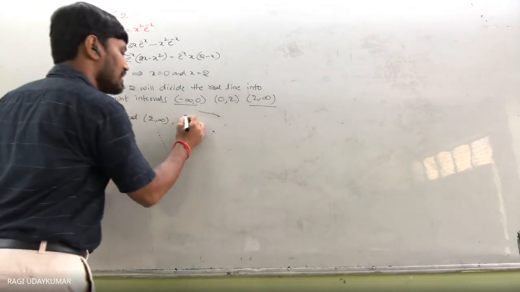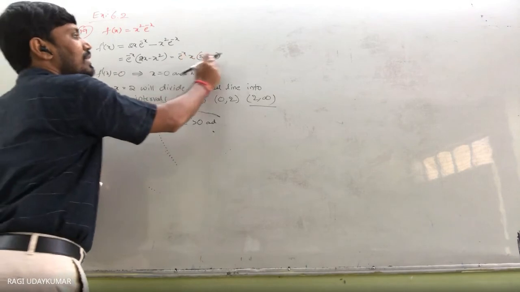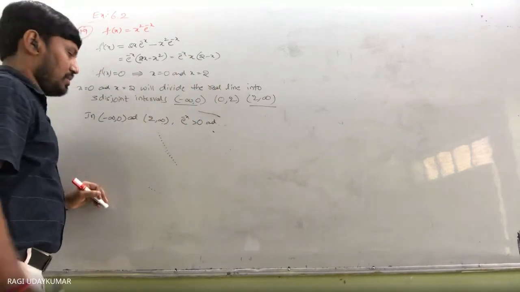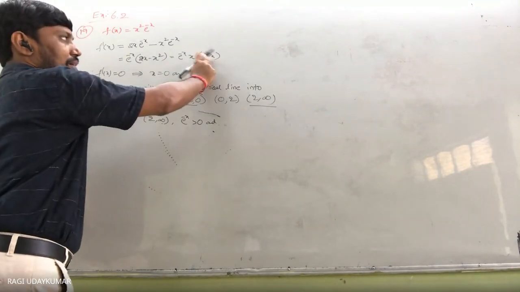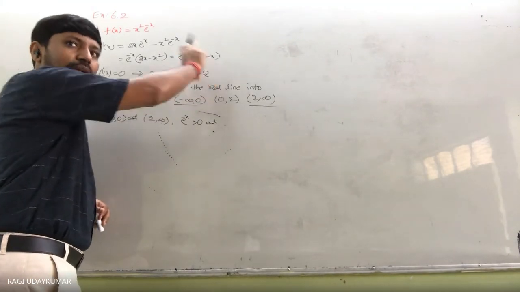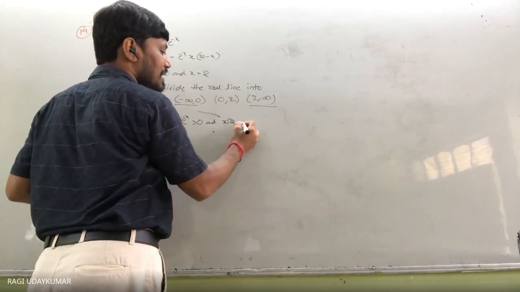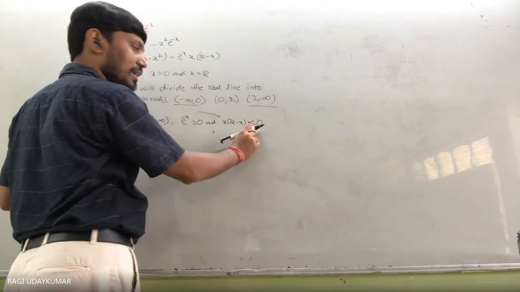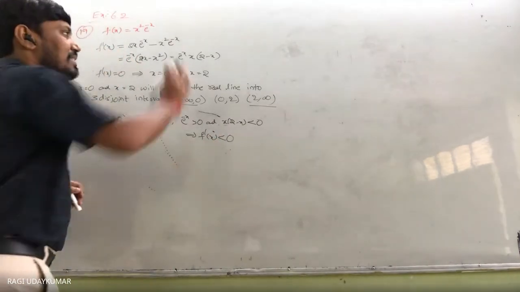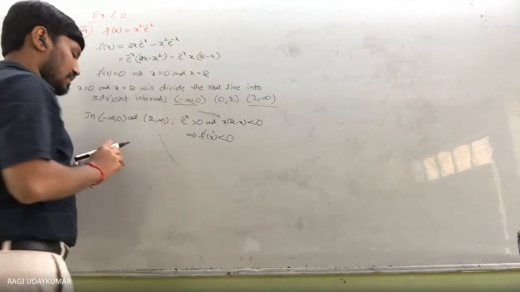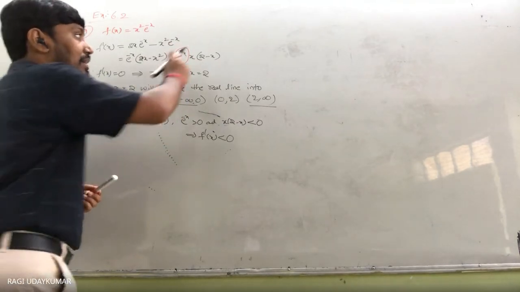In these two intervals, take the part less than 0: here x is negative and 2 minus x is positive, so the product is negative. And x into 2 minus x is less than 0; this is positive, this is negative. So this implies that f dash of x is less than 0. e power minus x is always positive, so our concentration should be on this other function.